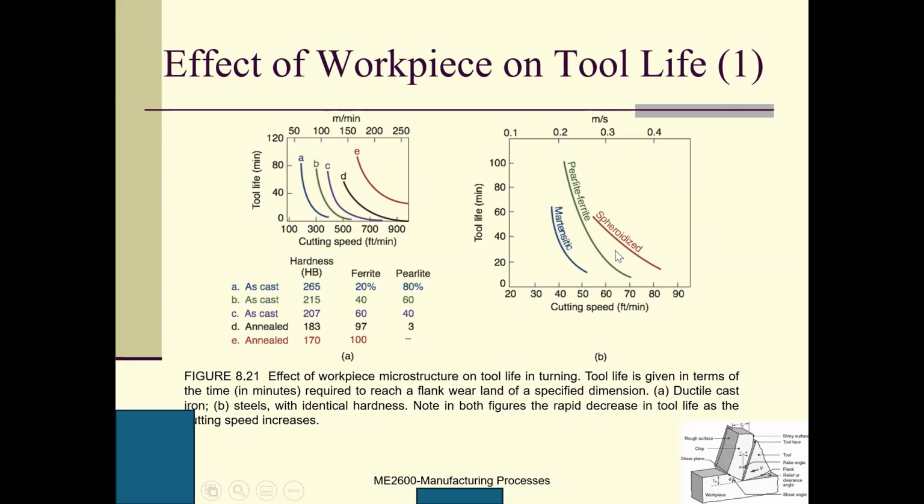As the cutting speed increases, the tool life is dropping, just like a free-falling body. So this is not good, right? For economy, we want to maximize the life of the tool.